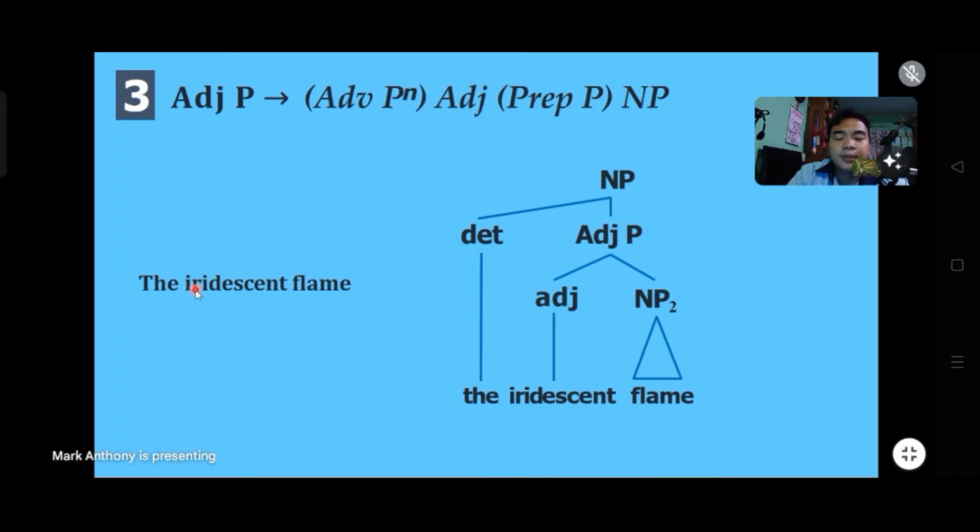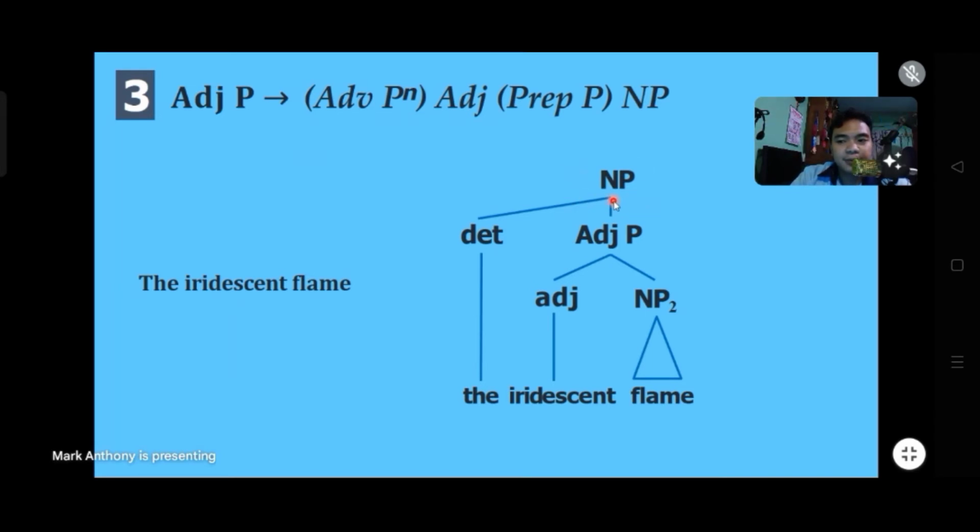So what we have here is an example: "the iridescent flame." Without further ado, let's dissect the sentence itself. Again, let's start first with a noun phrase.